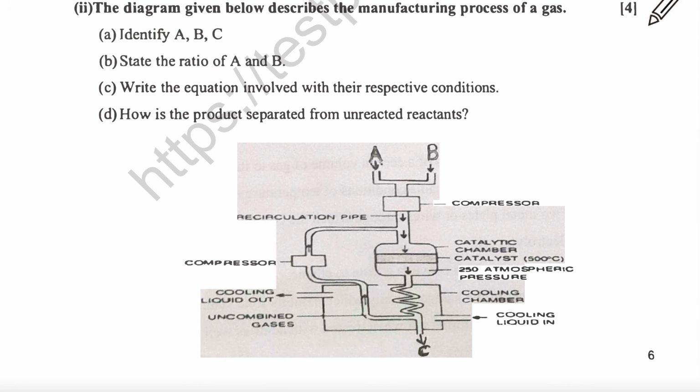So what is your A, B, and C? A will be ammonia means nitrogen. If you write N2, what will you get? 0. Ma'am, what if A is hydrogen and B is nitrogen? What is C?